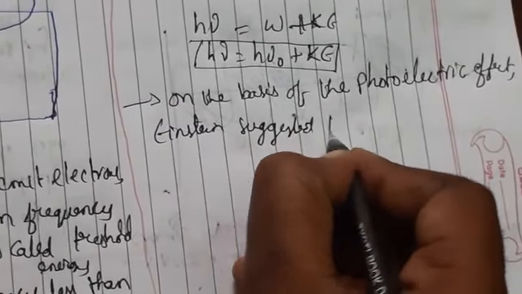That light consists of particles called photons.